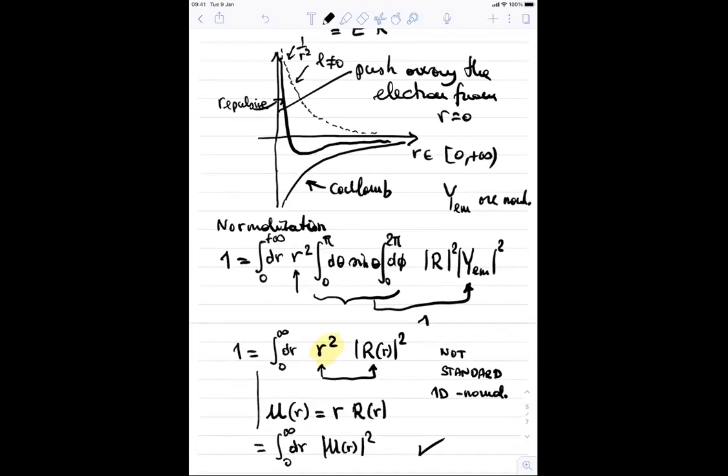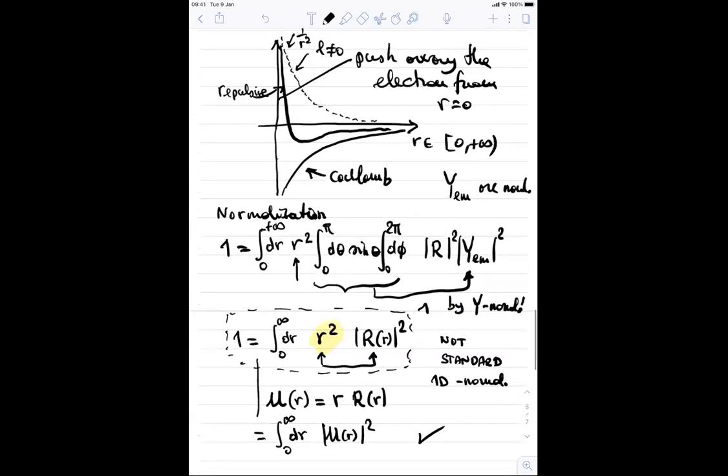So you don't have to worry about theta and phi, because the Y take care of making that integral equal to 1. You only have to require that the radial function is normalized, and the radial function normalization reads like this. Is it clear? Good.